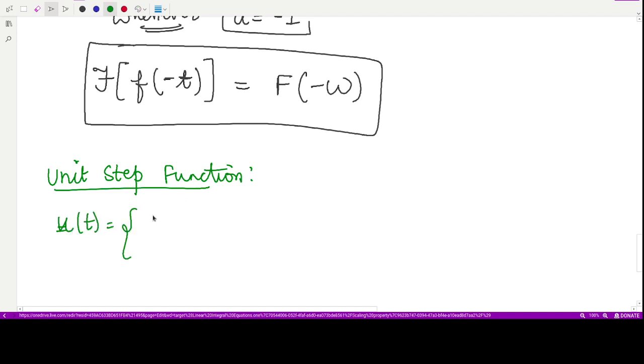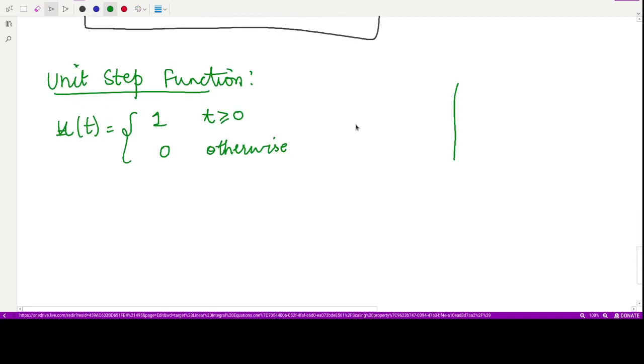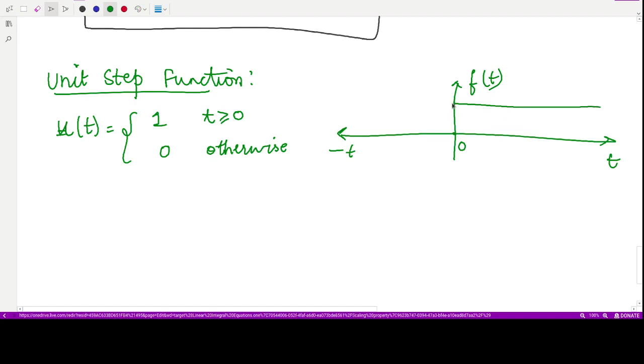Whose value is equal to 1 whenever t is greater than or equal to 0 and 0 otherwise. So this is your unit step function. How does it look? We have this as the function's axis, which is u of t, and this as the t axis. This is plus t and this is minus t, right? This is 0 here. Whenever t is greater than or equal to 0, the function's value is 1. So here we have 1 and here we have 0. So this is our function.